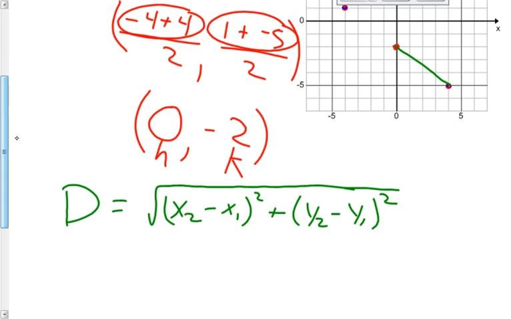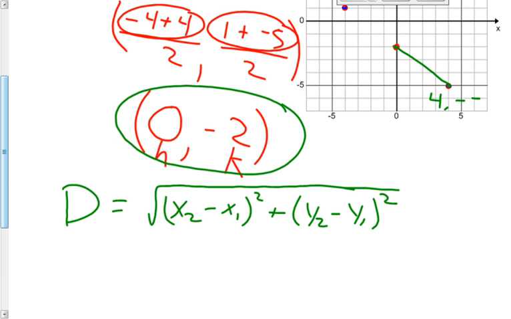The radius is the distance from the center, which is right here, to any point on that circle, which we're going to use this one right here, which is 1, 2, 3, 4, -1, 2, 3, 4, 5. Right 4, down 5, and this one is at 0, -2.